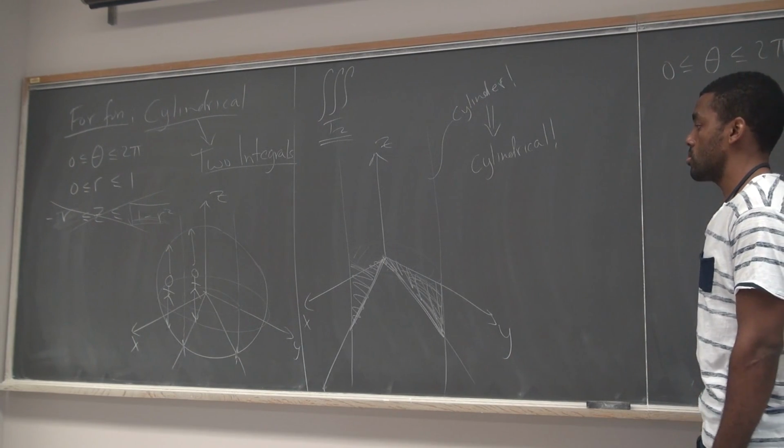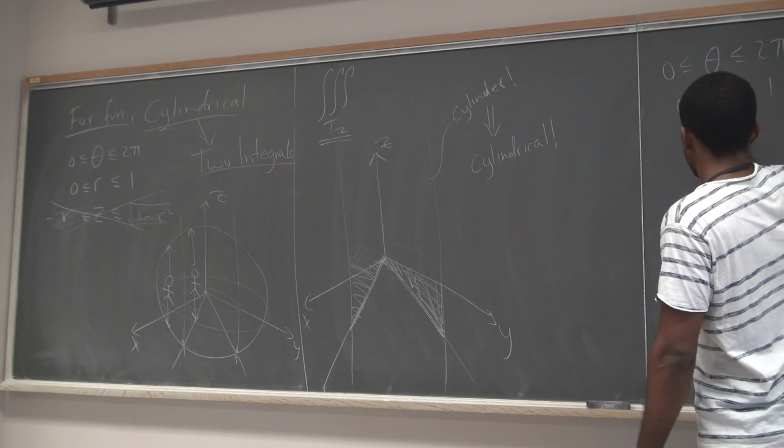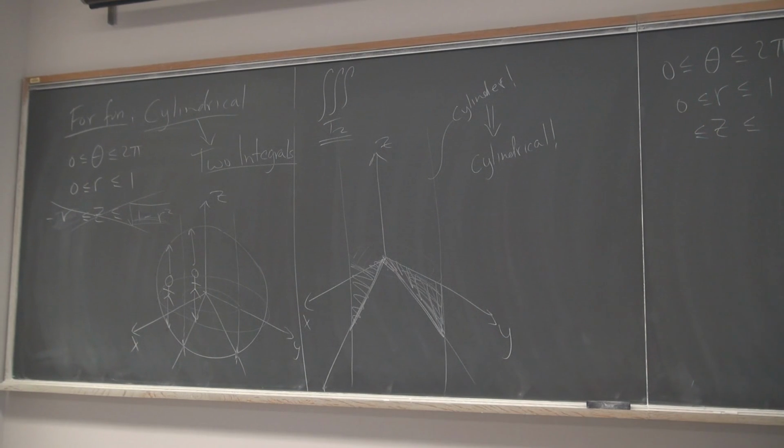R would be 0 to 1. Yeah, those two are pretty normal. What's the lower part? Negative square root of x squared plus y squared. So negative r, because that's the cone that's on the bottom. On top is the xy plane, right? What's the equivalent of the xy plane? 0. So those are my z limits.